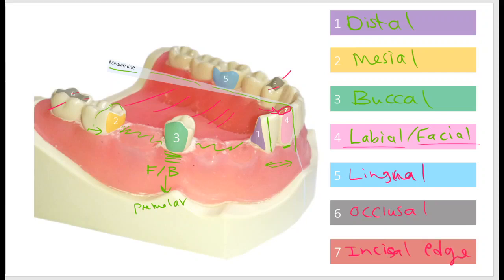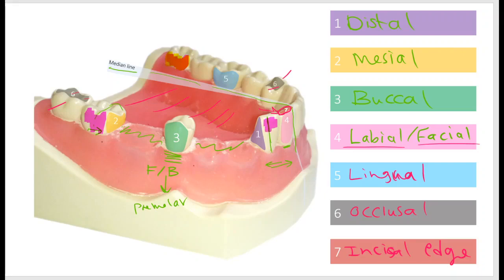So this is good training for you to figure out the teeth surfaces. Like this here, what is that? This is a lingual surface, because it's on the lingual side where the tongue is. How about this one? This is buccal because it's towards the outside and it's a posterior tooth.